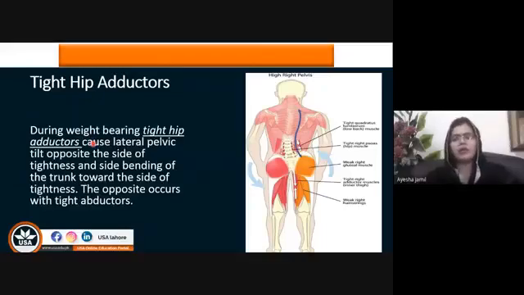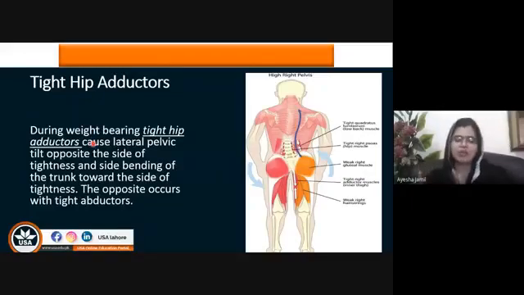Here, one thing must be revised or mentioned: we have studied that frontal plane movement of the pelvis results in opposite movement at the two hips. It means that whenever you are standing on a single leg or shifting weight on a single hip, there will be two opposite movements.